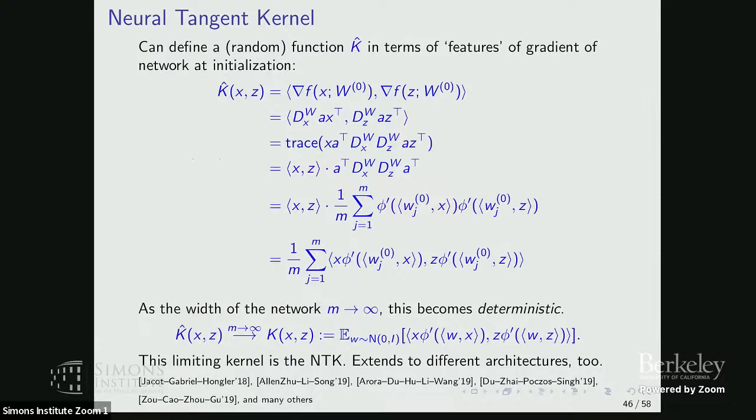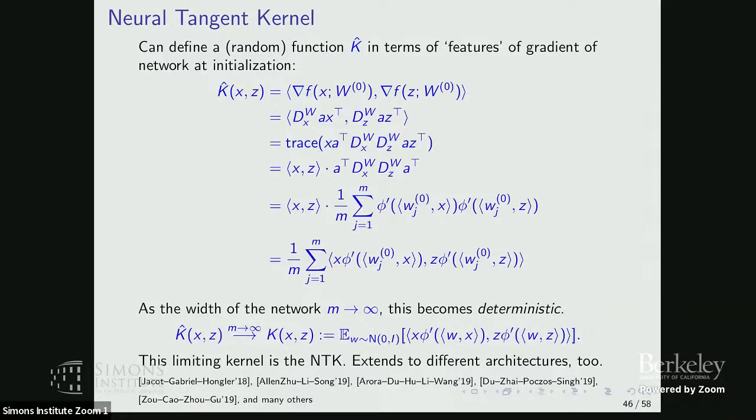If we look at the kernel function that takes the gradient of the network with respect to the weights, and say the kernel between a sample x and another sample z is just the correlation between those two, what do we get? We substitute in the definition of the gradient, and use the definition of inner products between matrices to get a trace term.